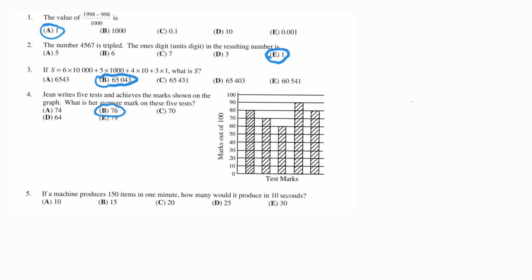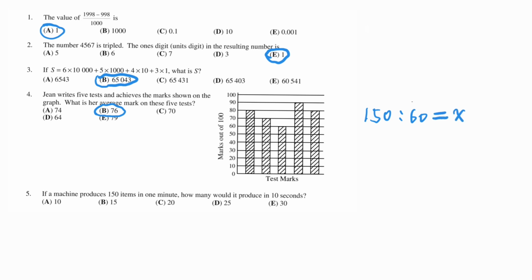Number 5. If a machine produces 150 items in 1 minute, how many would it produce in 10 seconds? 150 items in 1 minute. 1 minute is 60 seconds, because they ask 10 seconds, so we use the same unit.